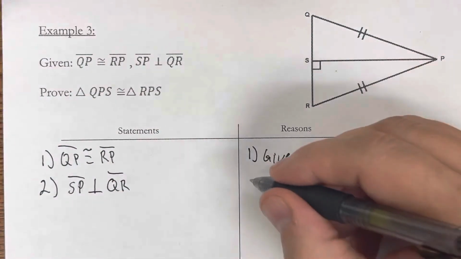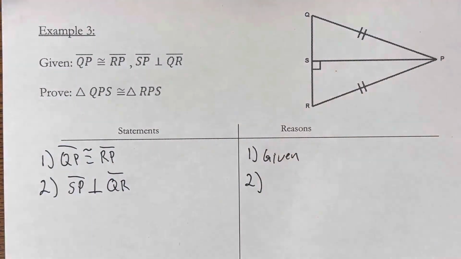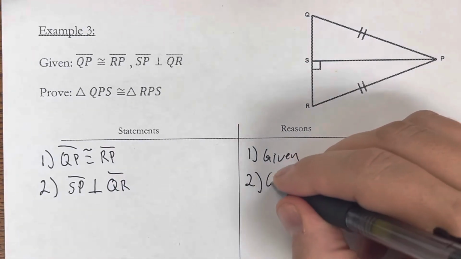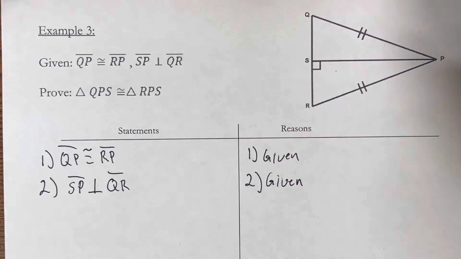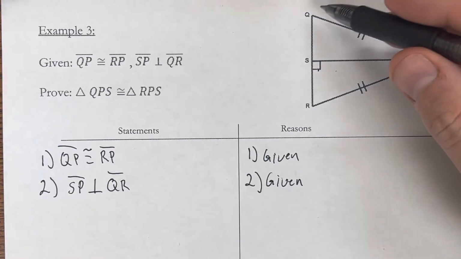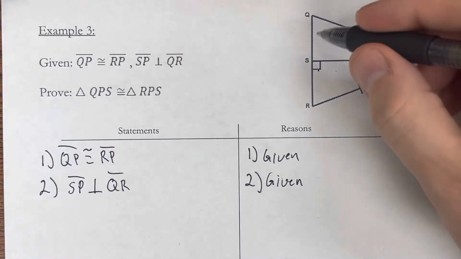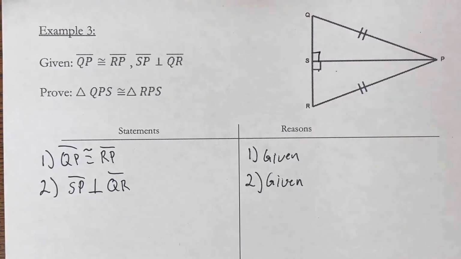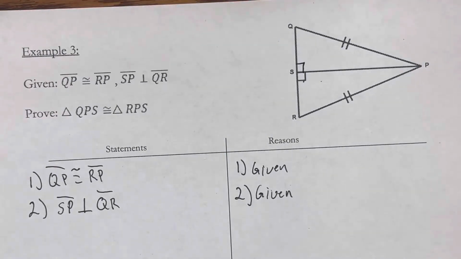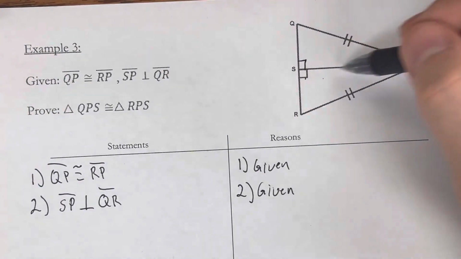So we have to use this perpendicular. As we use the perpendicular, I'm going to be very specific in this process. Since it's perpendicular, I know that this is a right angle, all right? QR and SP are perpendicular, so these are both right angles because two perpendicular lines or segments intersect to form right angles. So I need to now state that these are right angles.